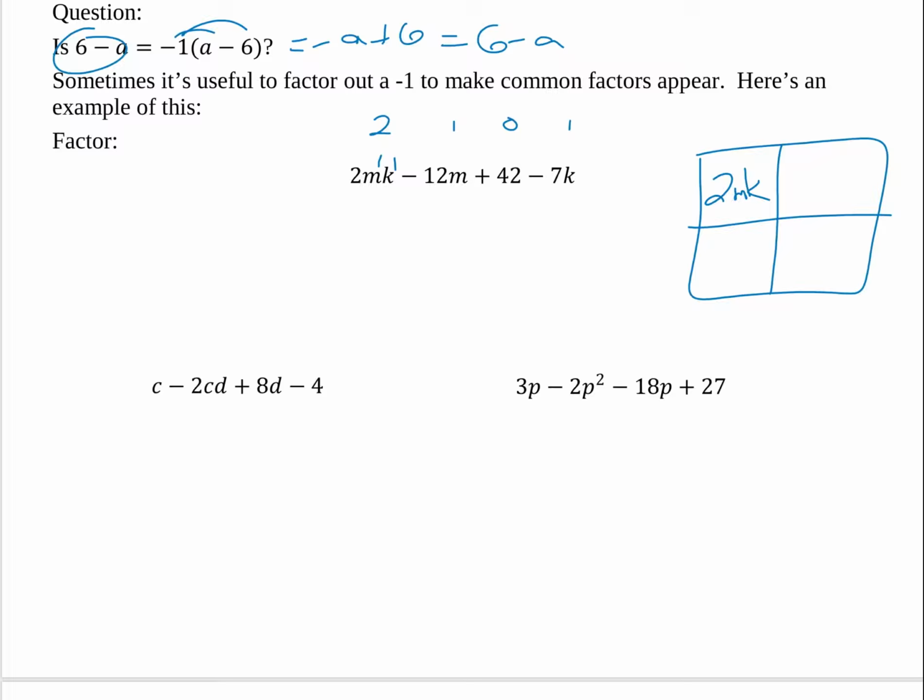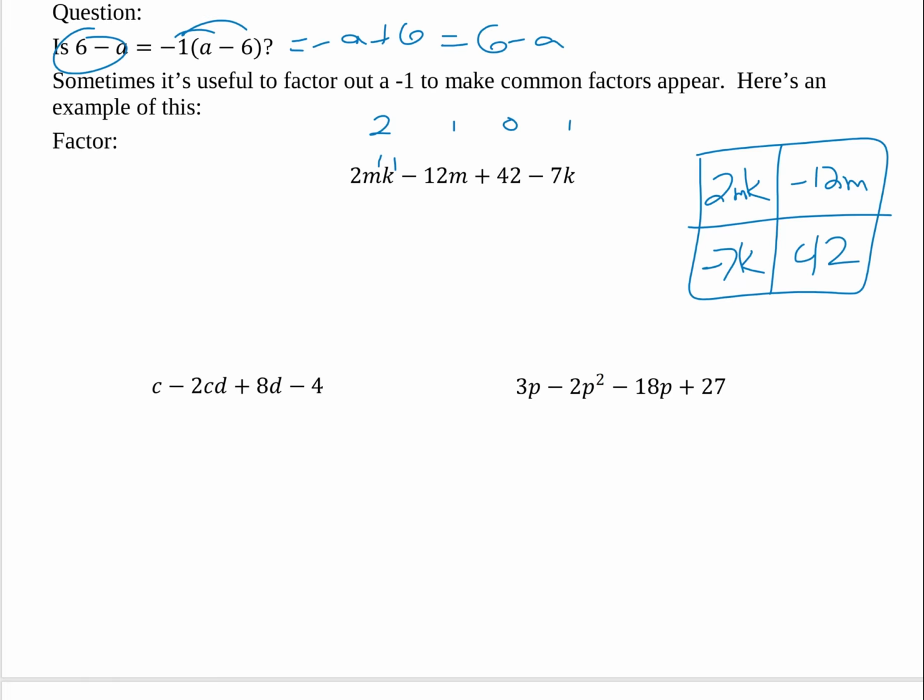Now I have 2 degree of 1 terms. Does it matter which order I go first? No, it doesn't, because they're both the same degree. So I can put the minus 12m here, which means the minus 7k has to go here. And then the only thing that's left is the degree of 0 term, 42. Okay? Highest degree term to lowest degree term as we set up our box. So you just got to think about those numbers.